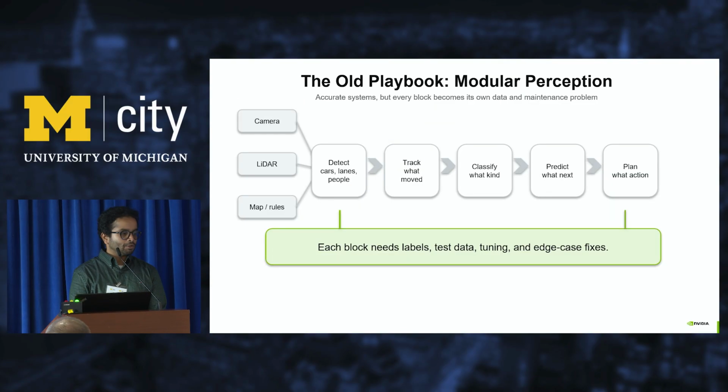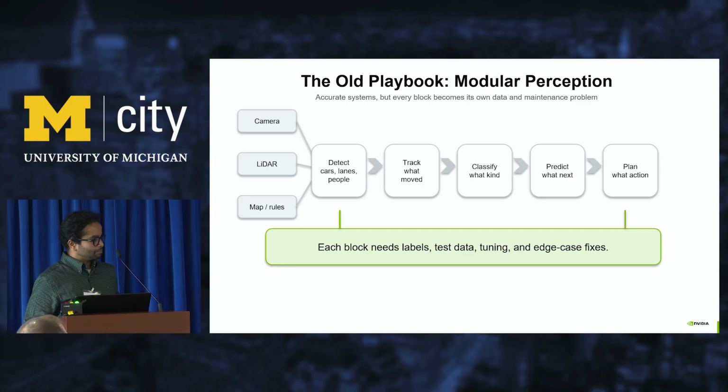Particularly, if we look at the old playbook of modular perception, we had all this data, all these sensors, camera, LiDAR, maps, rules, which were feeding into individual models to detect cars, lanes, people, track, and also classification.